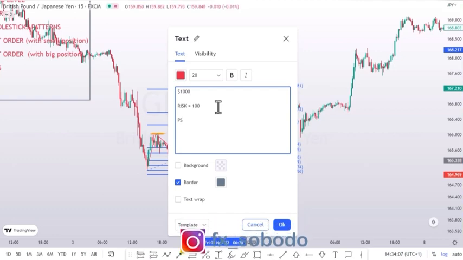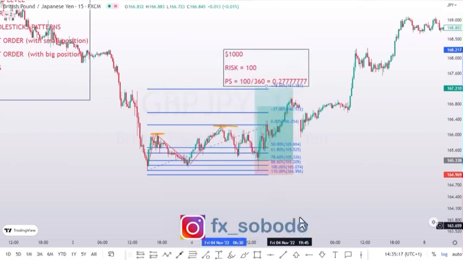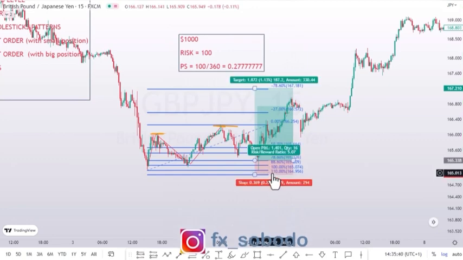PS will be equal to the amount of money you are risking, which is $100, divided by the stop loss. In that case, we were risking 36 pips, which is like 360 points.